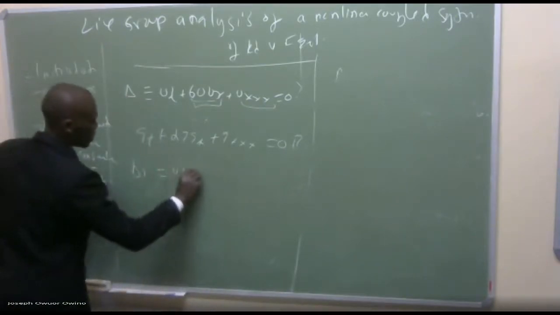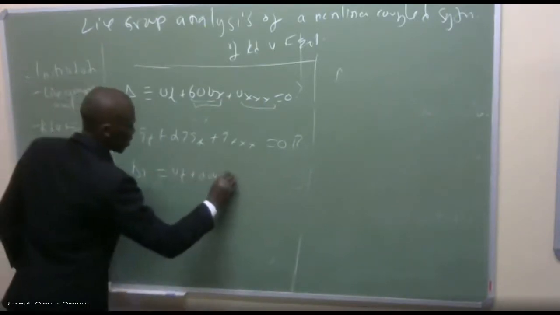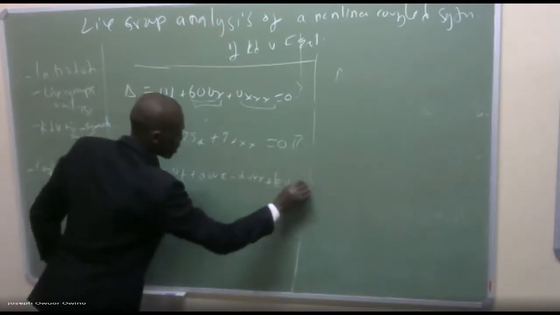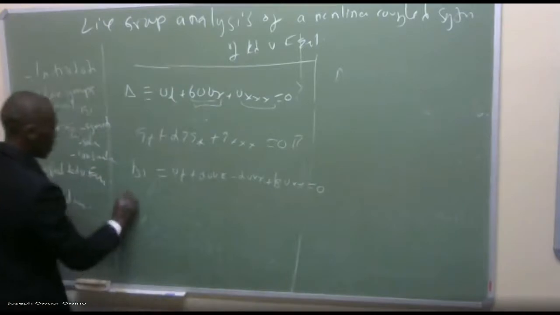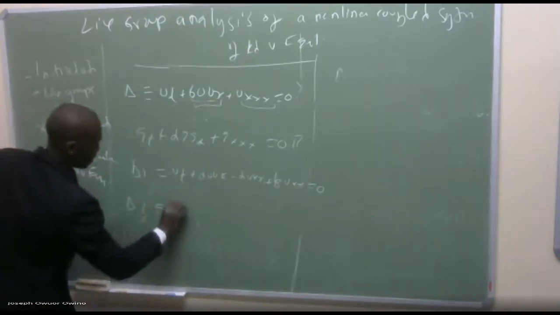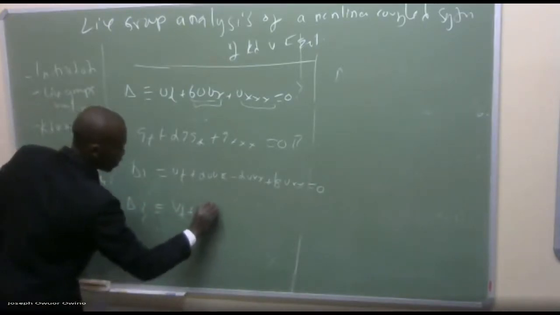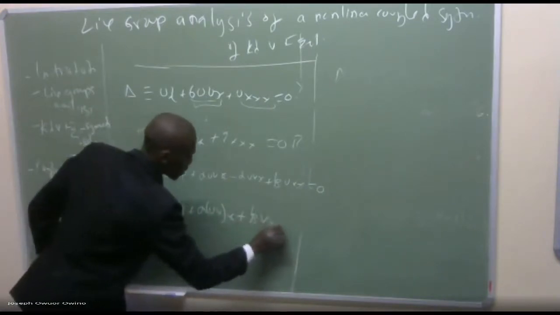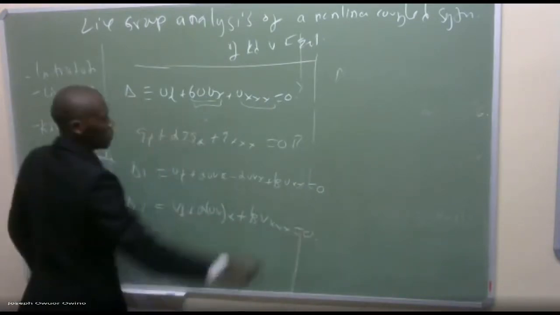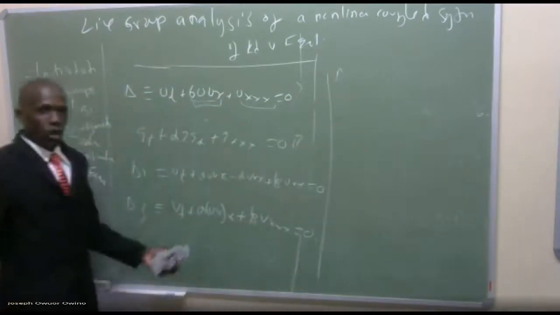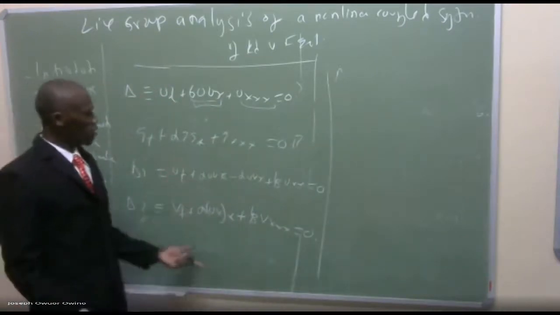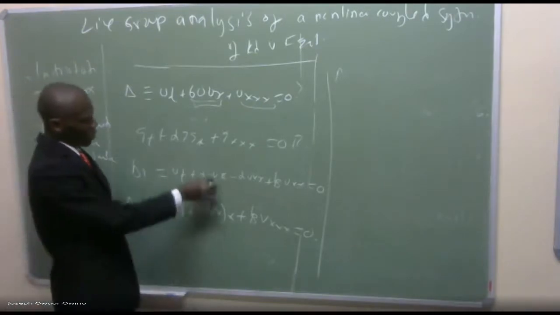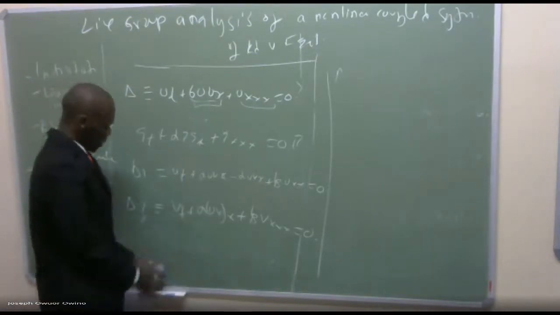Delta 1 is u_t plus alpha u u_x minus alpha v v_x plus beta u_xxx equals 0. Delta 2 is v_t plus alpha (uv)_x plus beta v_xxx equals 0. This is a coupled system. Why is it coupled? Because you have the same dependent variable in both equations. So, for example, I have u in the first and u in the second. So it's coupled.